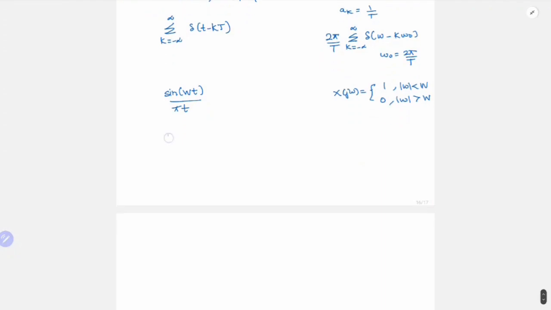Okay. And u(t) we actually did not derive, right? So let me derive it here. δ(t) gave 1, and u(t) is nothing but the integral from minus infinity to t of δ(τ).